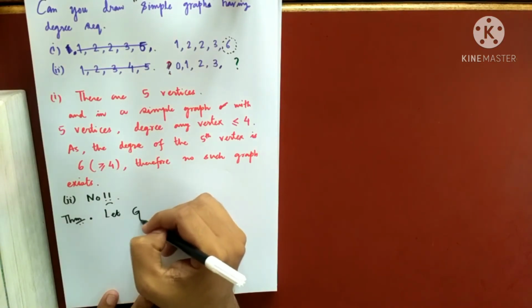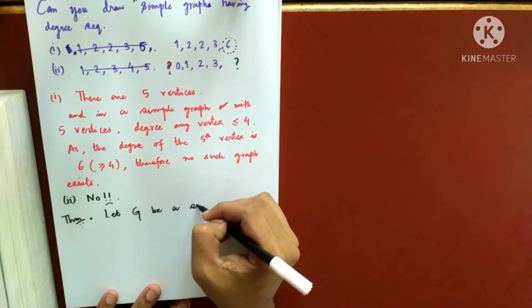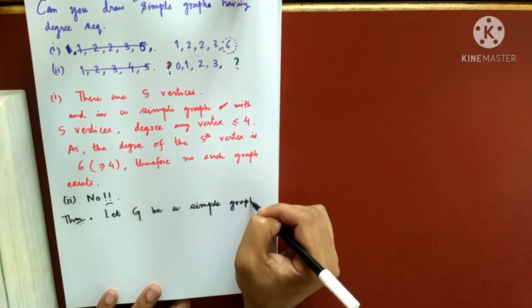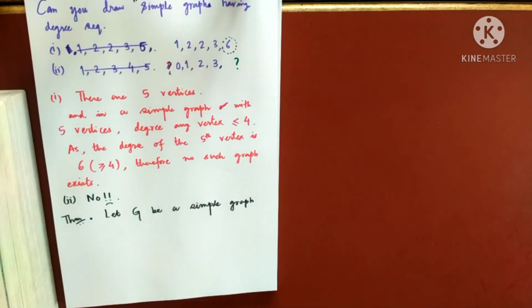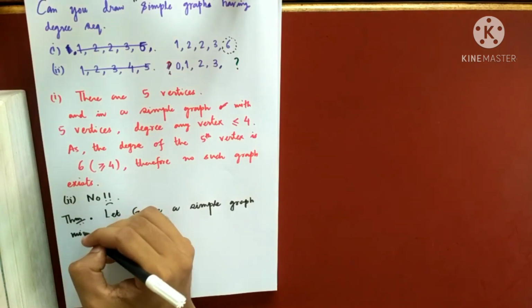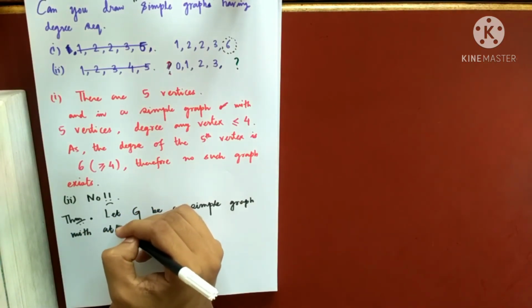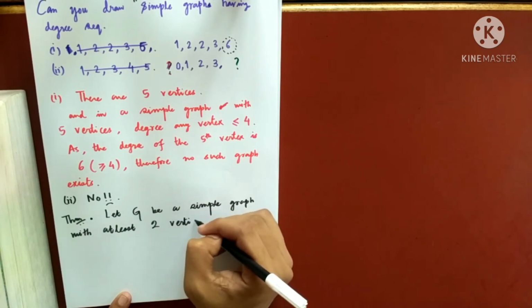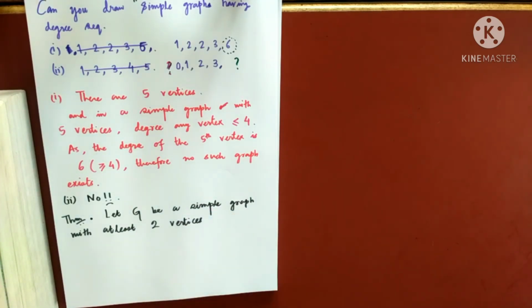Let G be a simple graph with at least 2 vertices. So that means there are definitely 2 vertices. There is not one vertex. There is more than 2, or at least 2 vertices. Full stop.